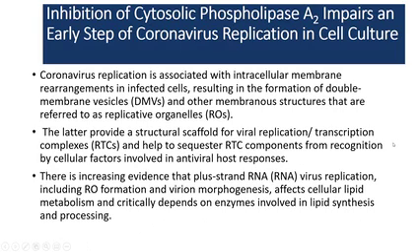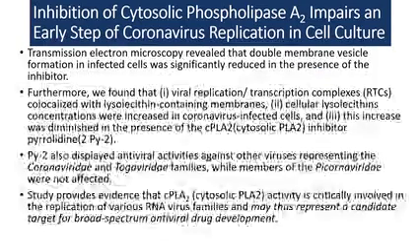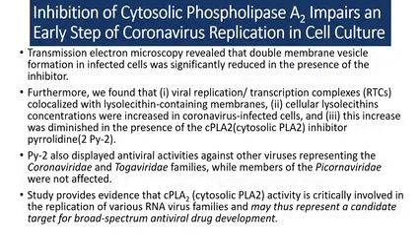So all of these things are being altered. They're altering the fats, the lipids inside the human cells, and by using electron microscopy, they found that if you add phospholipase A2 inhibitors, you significantly decrease the presence of these abnormal structures that are produced by the virus to help it replicate.